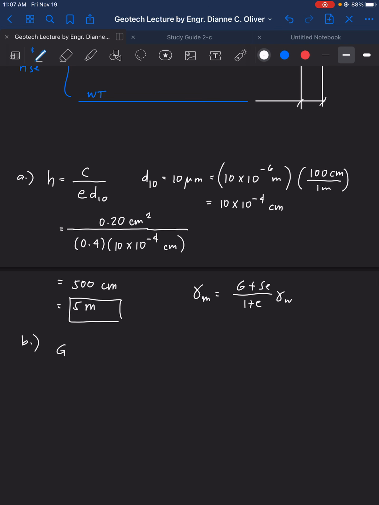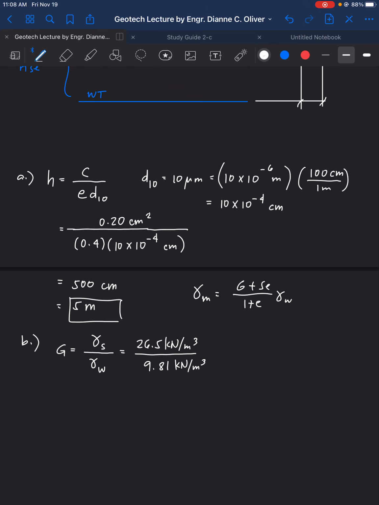So you recall from the basic formula, specific gravity is equal to the unit weight of the solids over the unit weight of water. So we have there 26.5 kilonewton per cubic meter over gamma of water, which is 9.81 kilonewton per cubic meter.